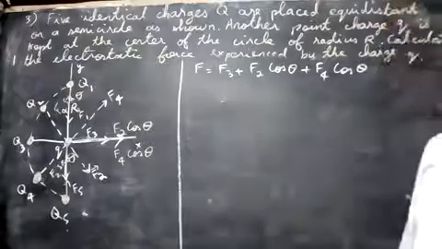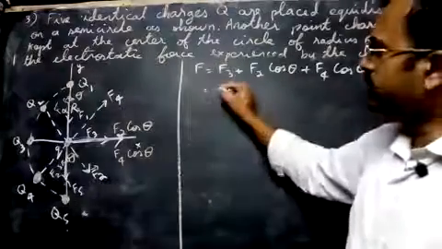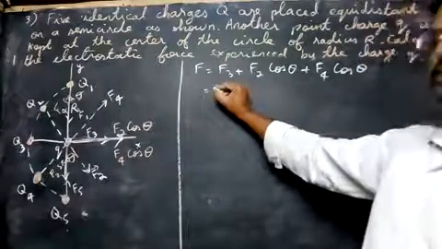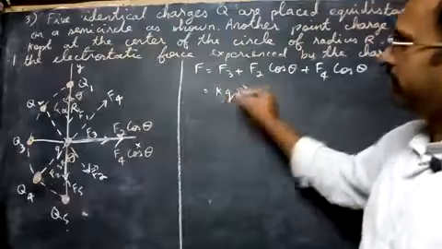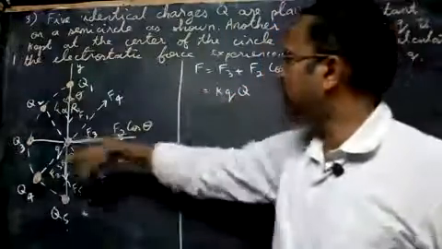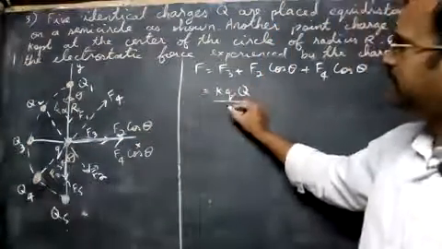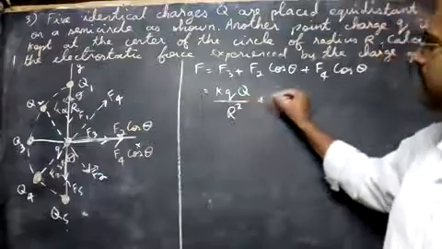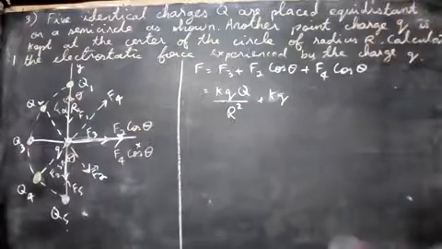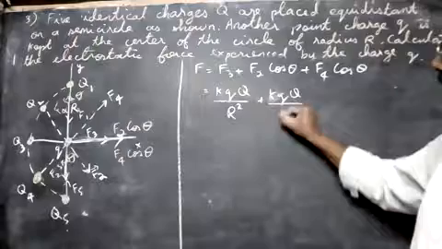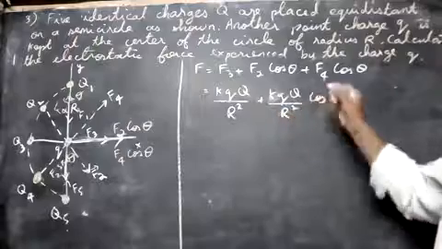Now F3 is an electrostatic force. We learned the formula: 1 by 4 pi epsilon, I'll write as k, into small q into capital Q, because it's small q and all the other charges are capital Q, divided by the distance, capital R squared. Plus F2, which we also write as k q Q by R squared into cos theta.